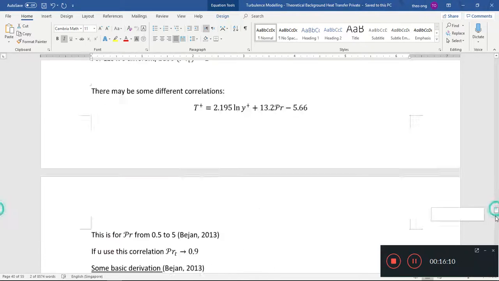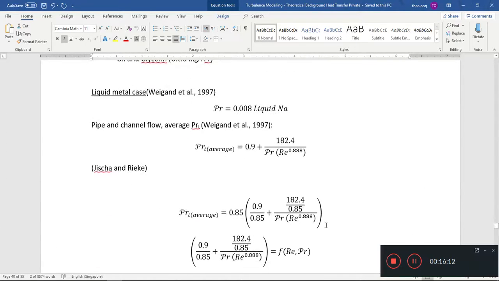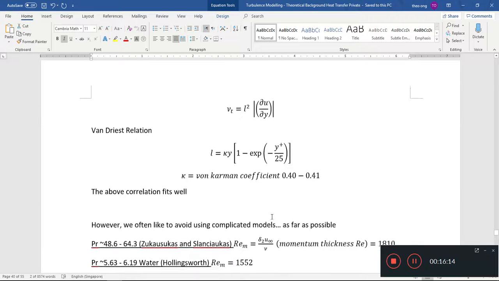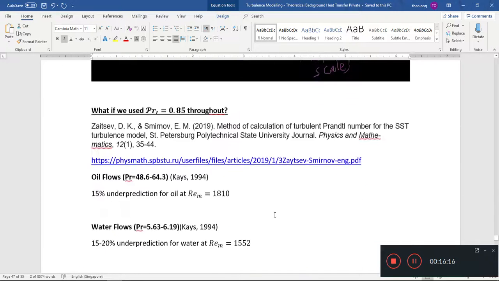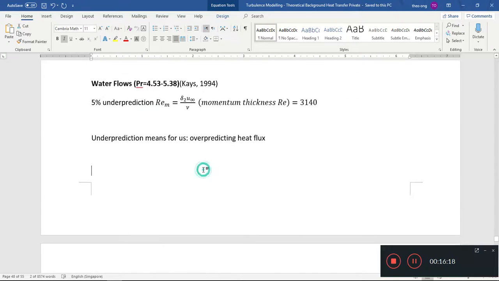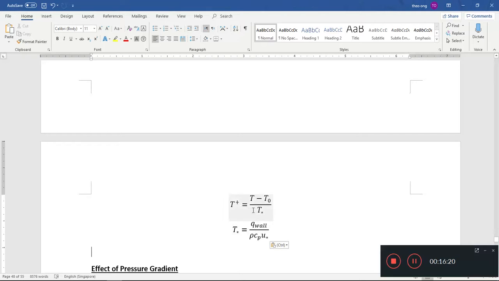You scroll all the way down and we see it's T minus T naught, a temperature difference, over T star. T star has a few things in there: heat flux at the wall, rho, Cp and u star.